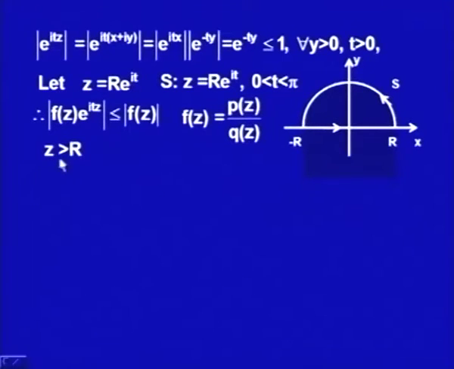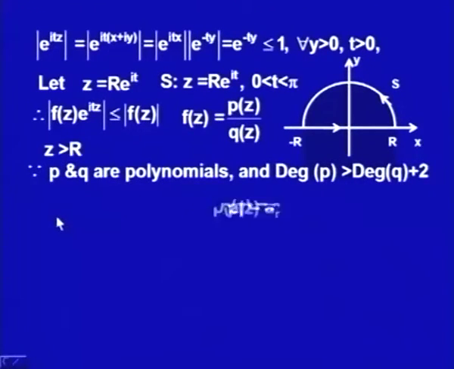So again, as in the previous method, for mod z greater than r, let us say p is a polynomial of degree n. Then p z we could write as a n z to the power n plus a n minus 1 z to the power n minus 1 and so on, plus a 1 z plus a naught.